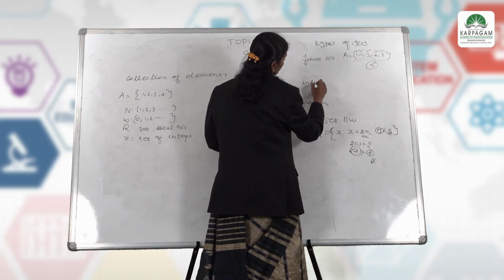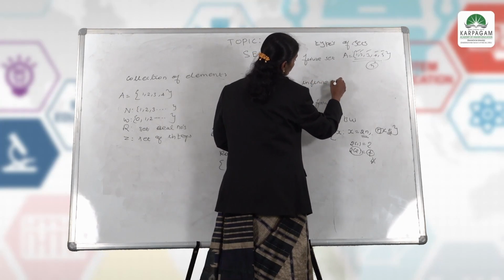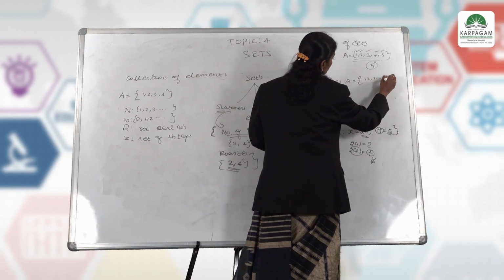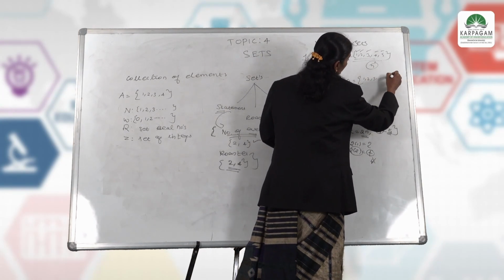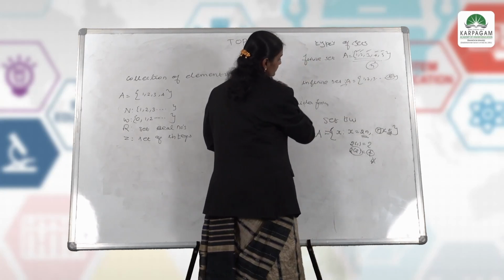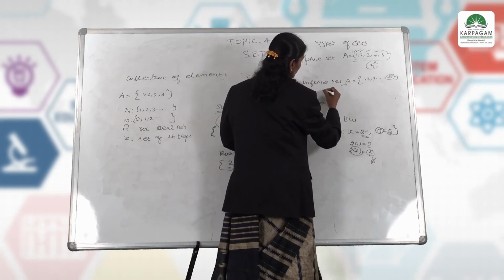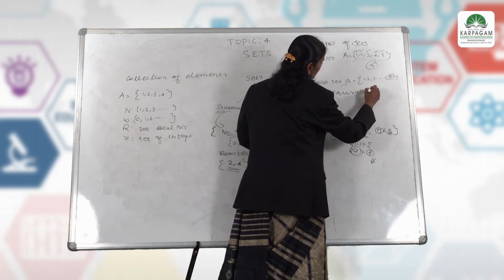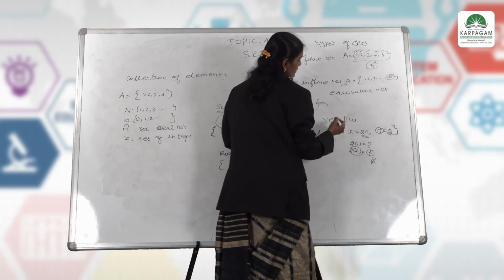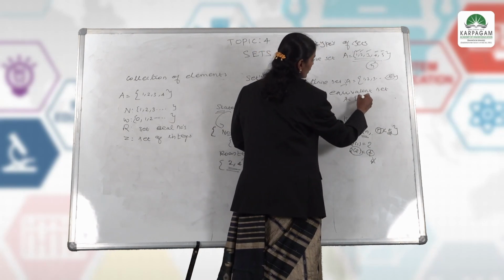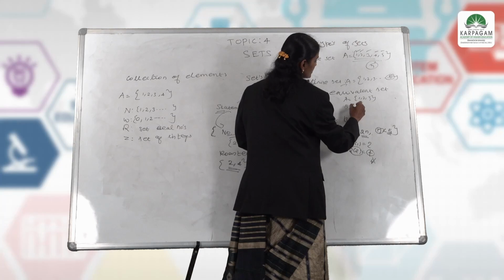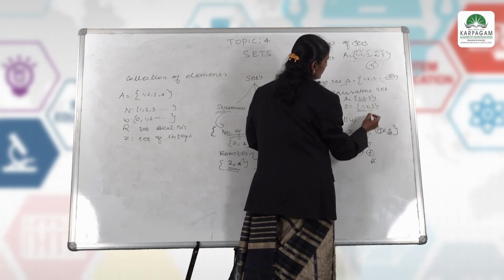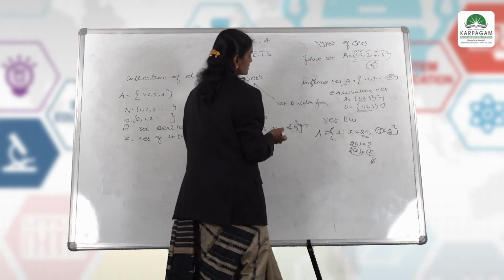Infinite set: suppose A = {1, 2, 3, ...}. There is no end point here, so this is called an infinite set. And equivalent set or equal set: suppose A = {1, 2, 3} and B = {1, 2, 3}. Here the elements of A and B are equal, so these sets are called equivalent sets.